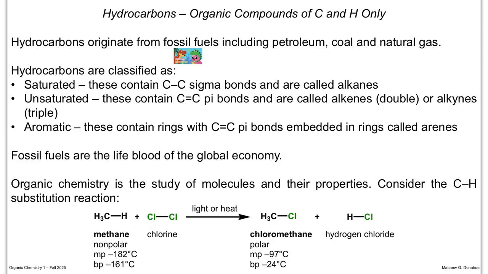We're going to learn reactions. Take, for example, one of the first reactions we'll learn later on in Module 3, I believe, or 4. This is called a C-H substitution. This is methane. It's nonpolar.